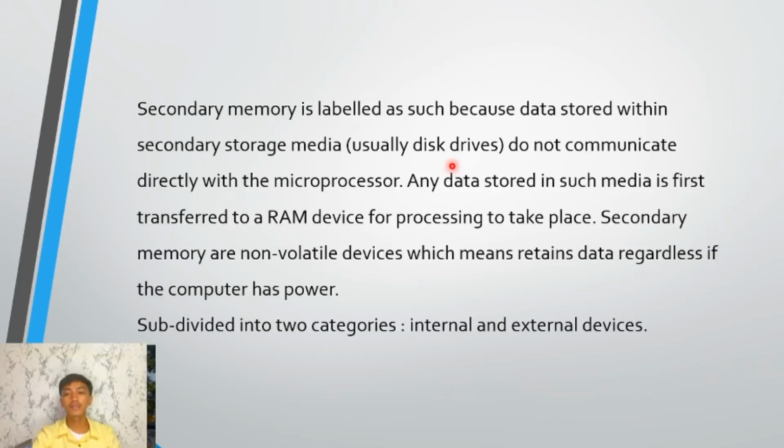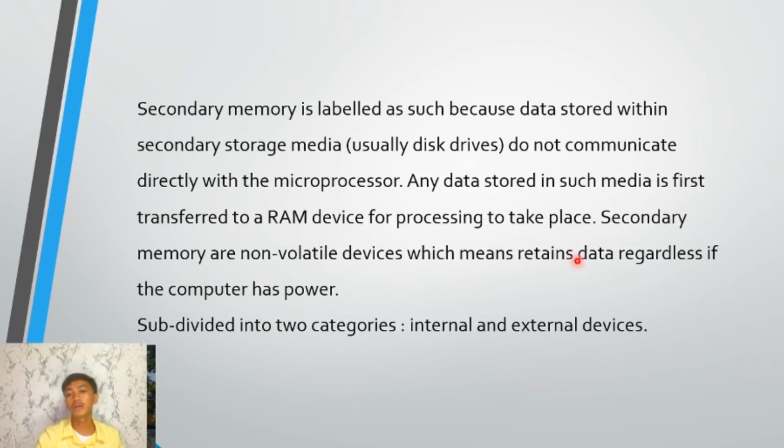These secondary storage medias do not communicate directly with our microprocessor or our CPU. Any data stored in such media is first transferred to a RAM. So the RAM is the temporary storage for our data, and then it is transferred to our secondary memory, such as a hard drive, for safekeeping.